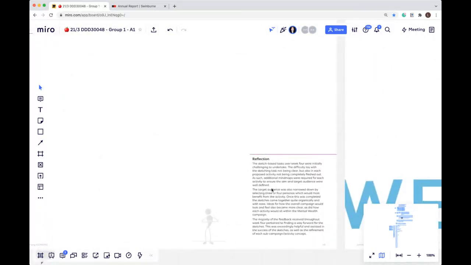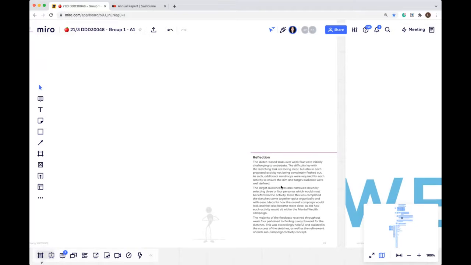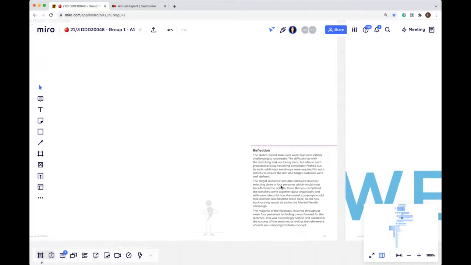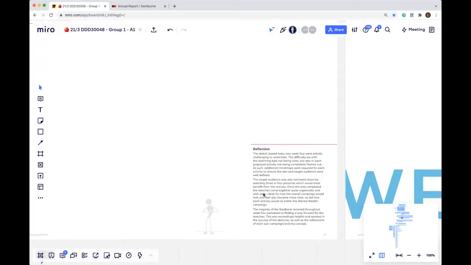And then here she's talking about how the sketching task wasn't that clear, but the additional mind maps were required for each activity to ensure the aim and target audience were well defined.